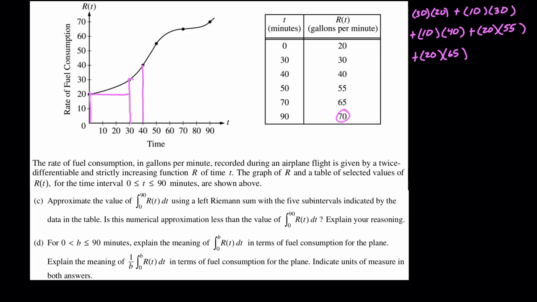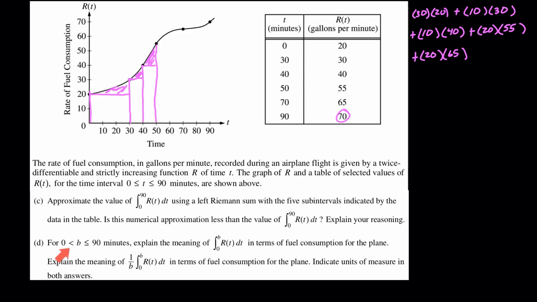So you can see that you're going to have all these sections here that are actually part of the area between the curve and the x-axis, but they're not being calculated into the area of your Riemann sum. So you're going to have an underestimate because this is a left Riemann sum on an increasing function. And it must include both of those things in order to be a good justification. Left Riemann sum on an increasing function.